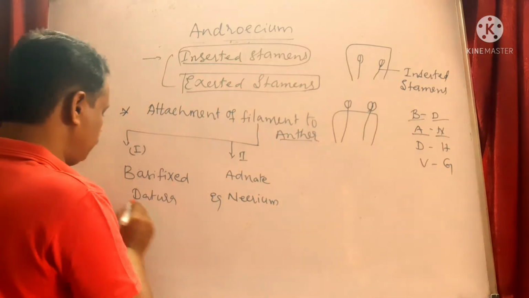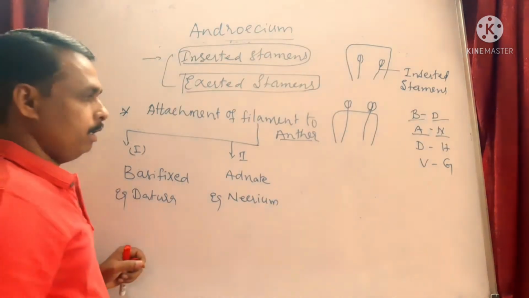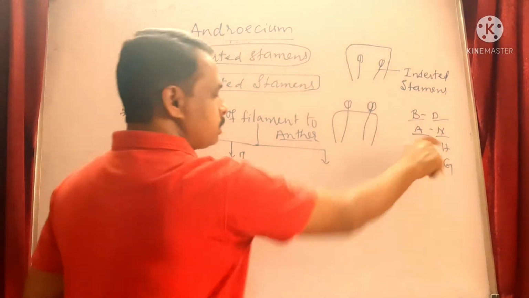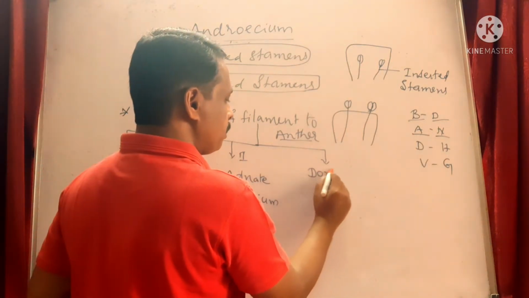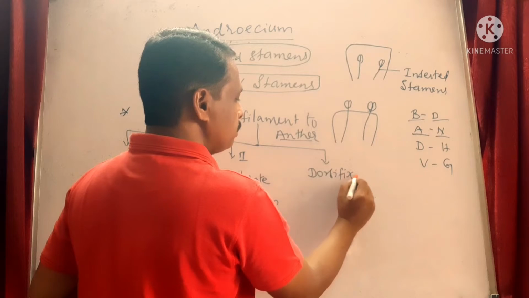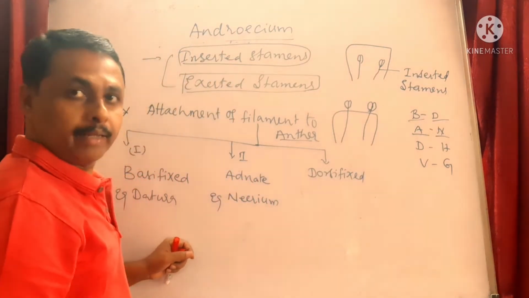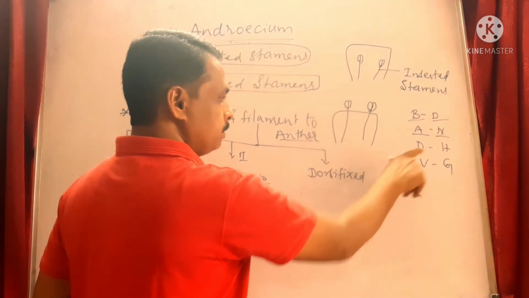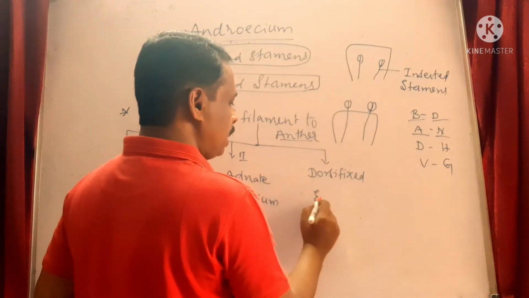The next one is dorsifixed stamen or anther, dorsifixed anther, seen in Hibiscus.